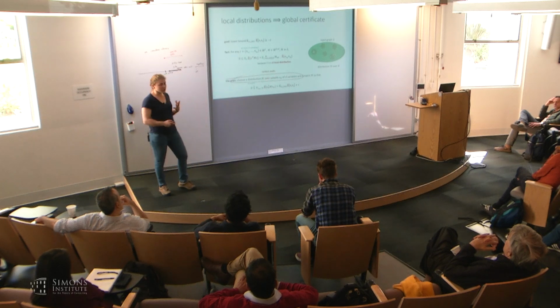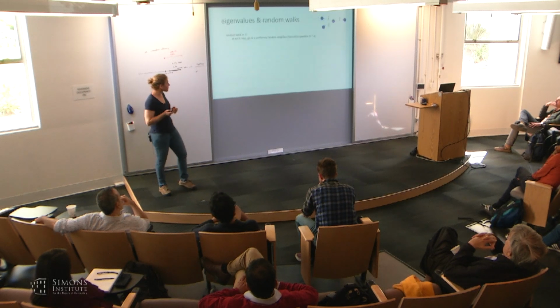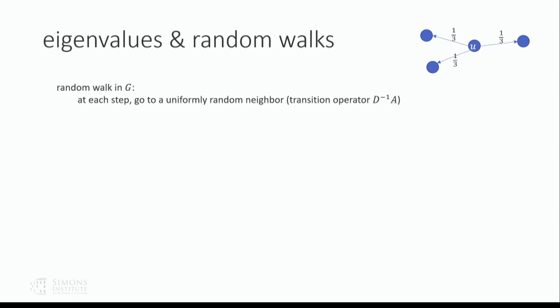Great, so now let me tell you how we're going to choose this distribution over subsets. We're going to use random walks. In a random walk in a graph, I pick a vertex, and then at every step I pick one of its neighbors and jump to it uniformly at random. This walk has a stationary distribution, and the proof of this is simple, but I'm not going to do it.